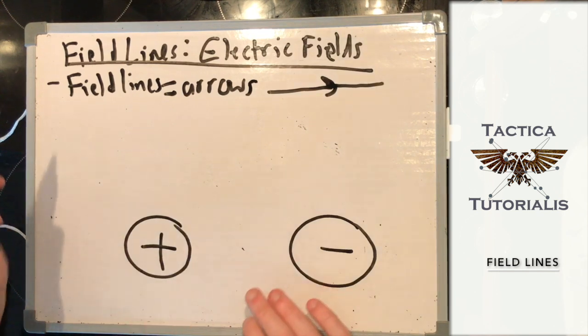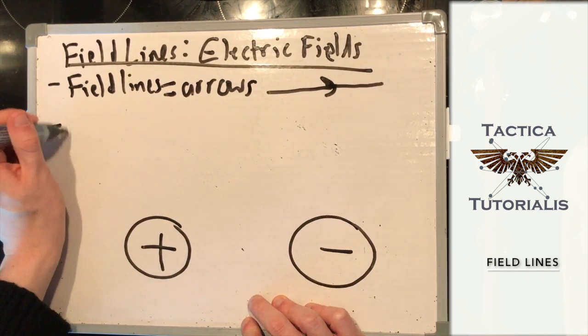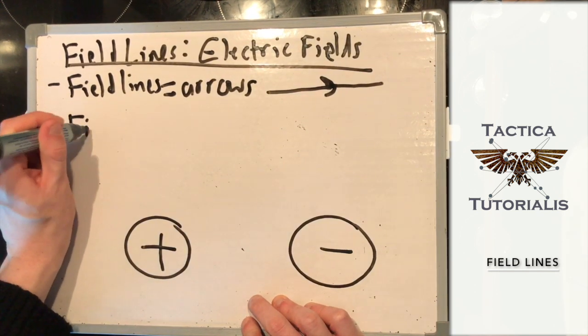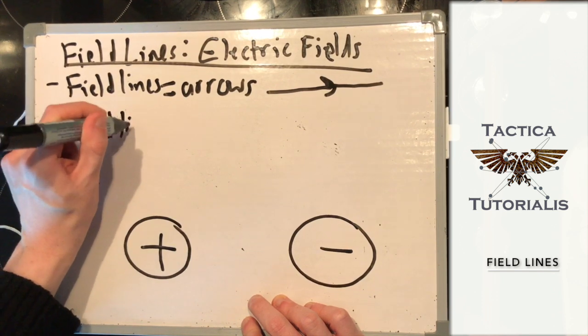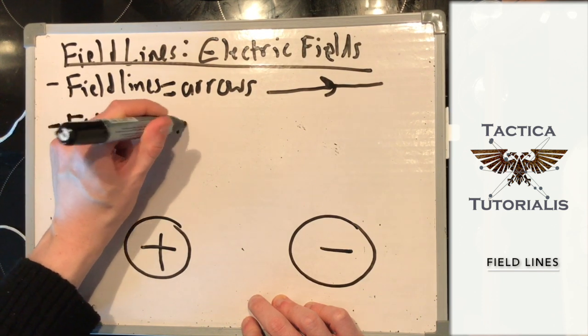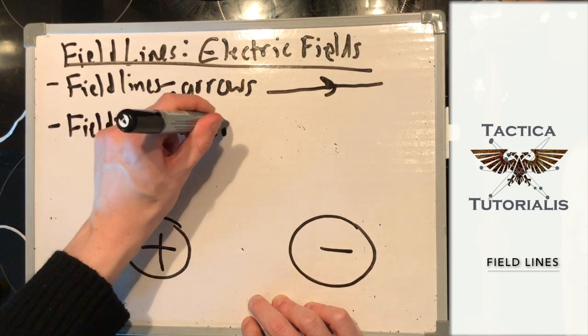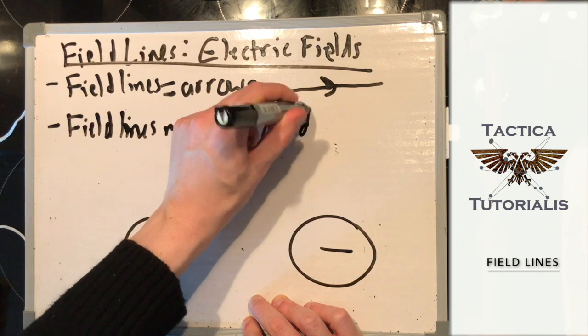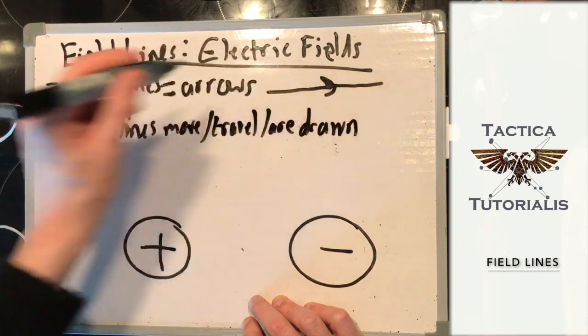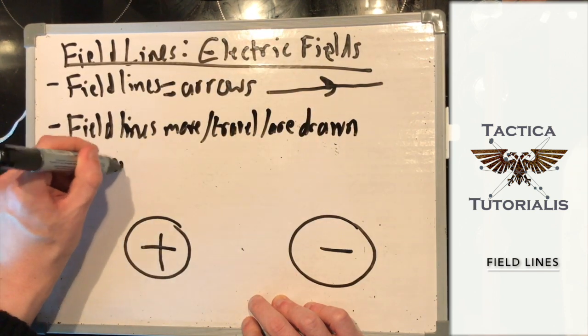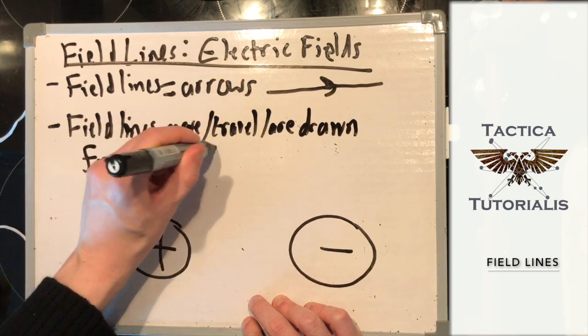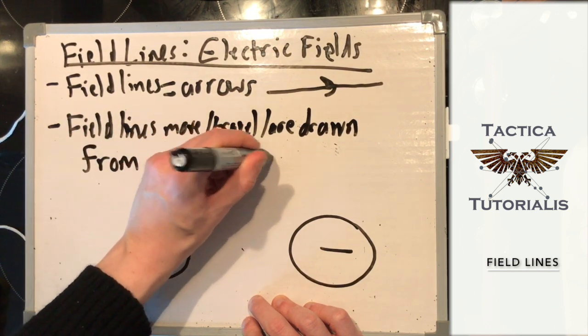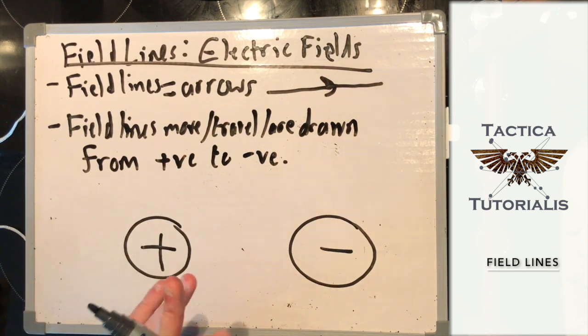But the way a field line is drawn is that field lines move or travel, are drawn, if you like, from positive to negative. This is a rule that comes up quite a lot in electricity, same with current actually.